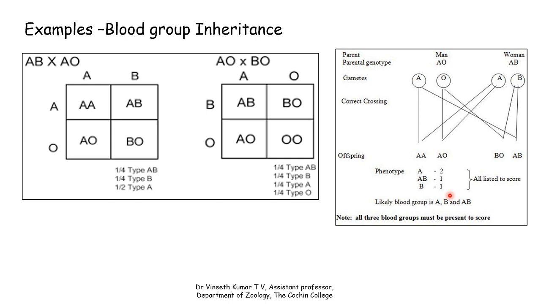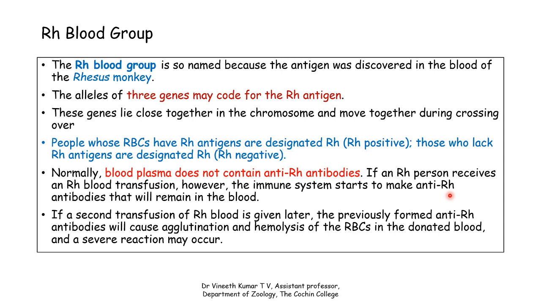So next in our discussion: this was the inheritance pattern of the blood group, and next we are going to discuss another antigen which is taken as an important factor during blood transfusion, that is the RH blood group. RH is also based on an antigen.